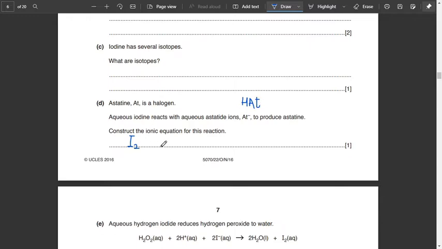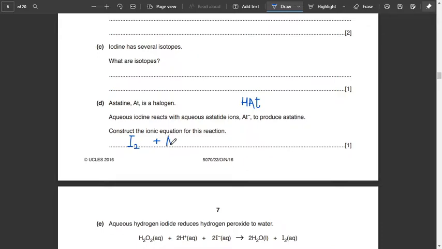So, anyways, we're just going to write an equation with all the spectator ions cancelled out. What are spectator ions? The ions on both sides of the reaction that get cancelled out are known as spectator ions, and only, of course, the ones that are in aqueous form, in the ionic form, can be dissociated and hence cancelled out.